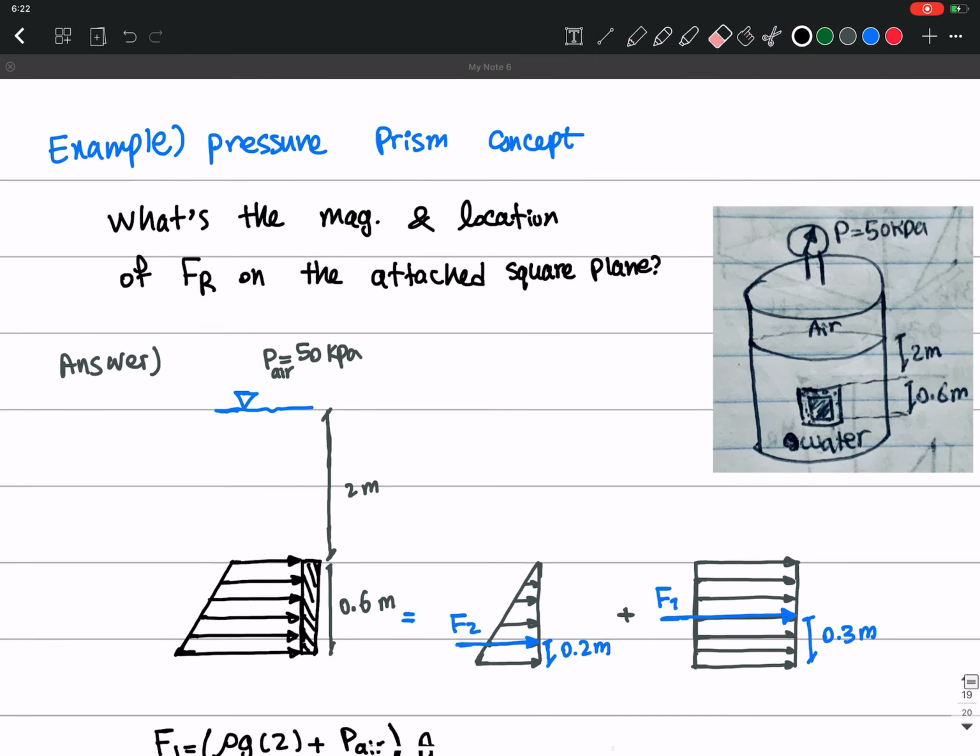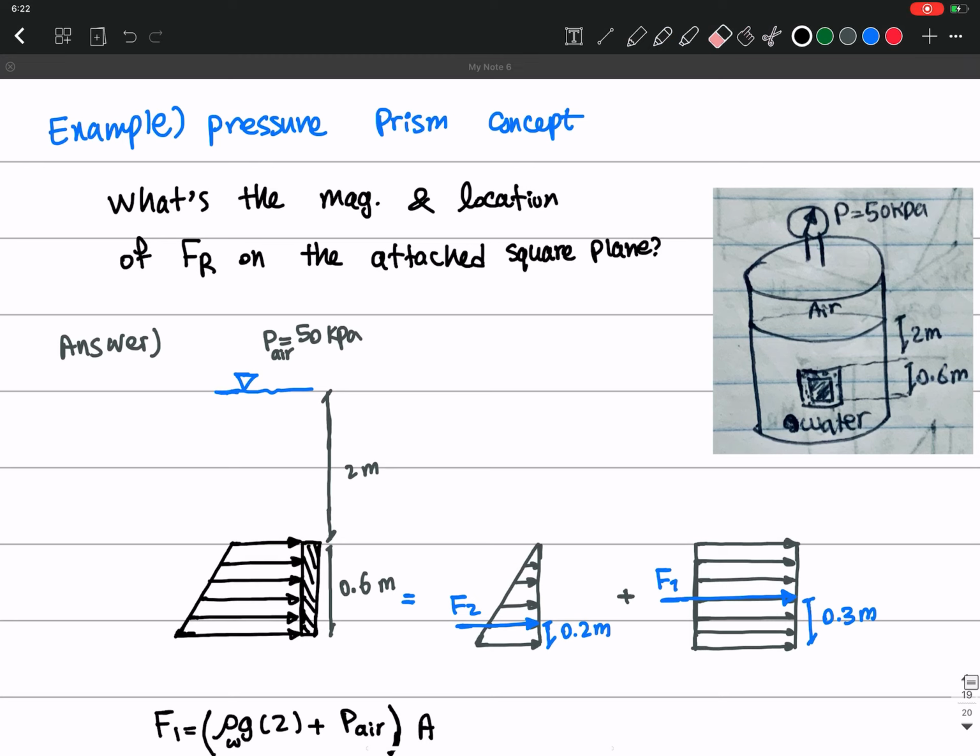So this is the prism concept, and that means that for this type of problems where you have these complicated hydrostatic distribution shapes, what you can do is decompose it into two or three simpler components, depending on the problem, and then calculate the magnitude of the force and where it is applied on the plane separately, and then combine them together.